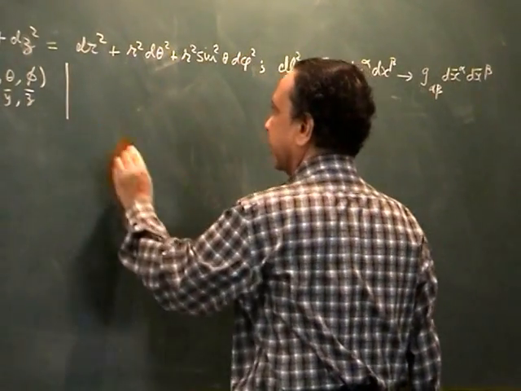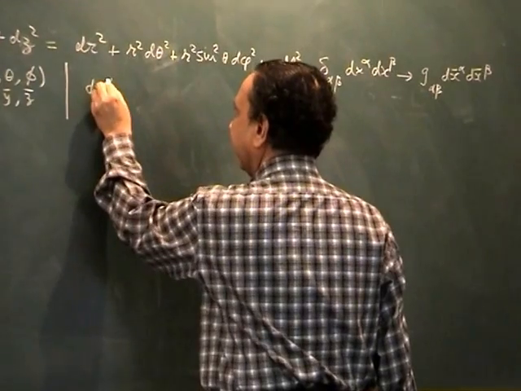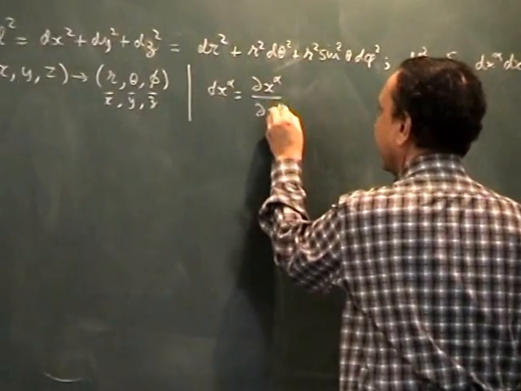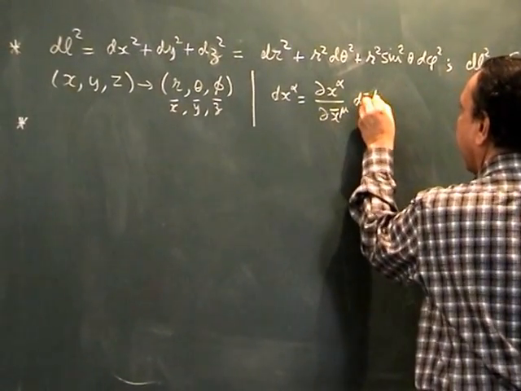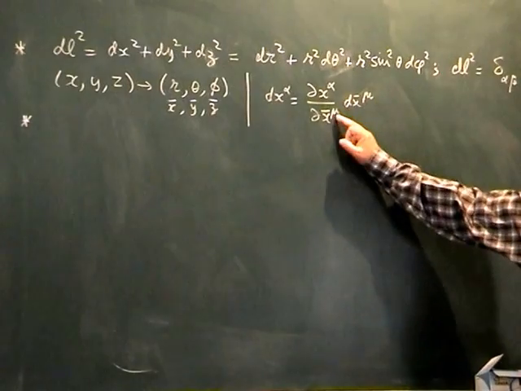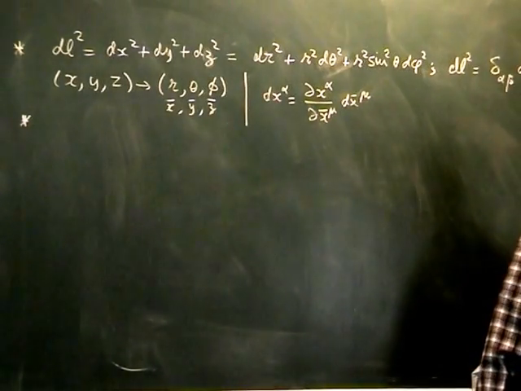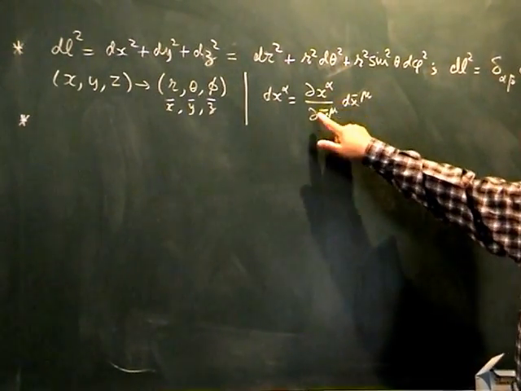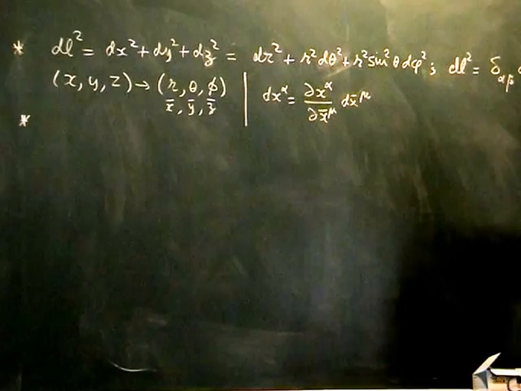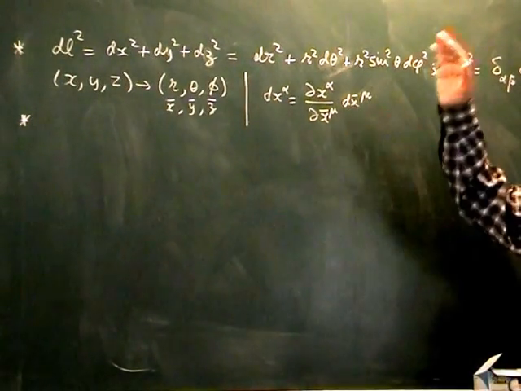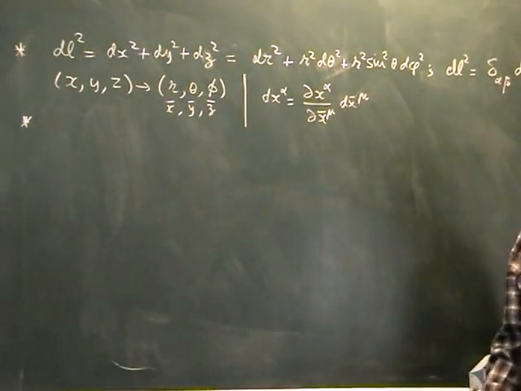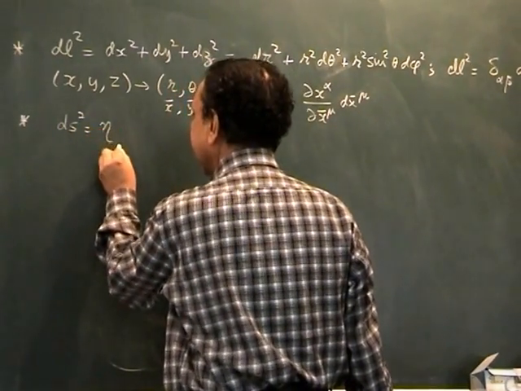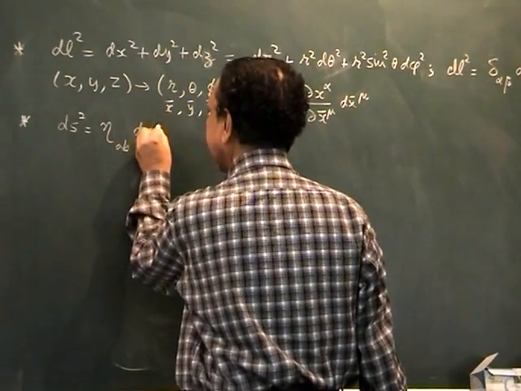You start with this expression and you say that dx^alpha is going to be the partial of x^alpha with respect to x bar^mu times dx bar^mu, with a summation over mu from 1 to 3, right? Then you plug it in here, then this delta_alpha beta times this and another copy of that is going to determine for you what g_alpha beta is. We can play this entire game in 4 dimensions. So in 4 dimensions, you will start with a ds square, which is eta_ab dx^a dx^b.